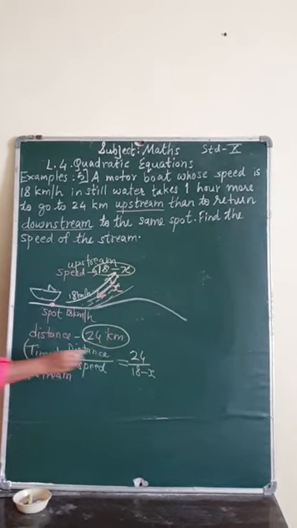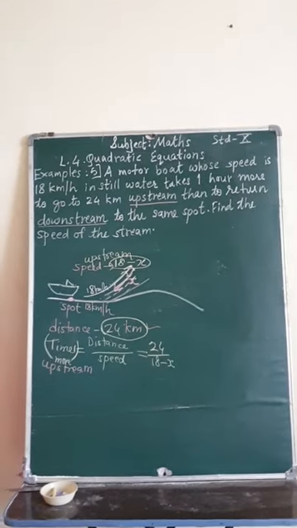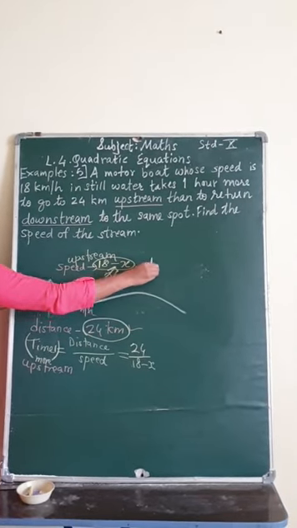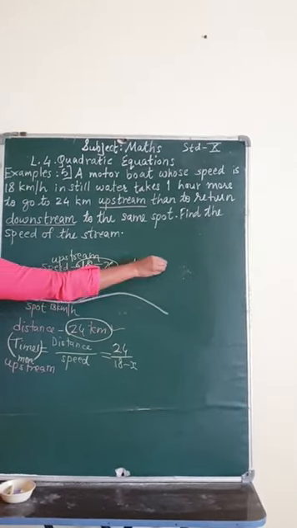As I have told you, the stream speed will also push the boat down, so when the boat comes downstream to the same spot, the speed will be 18 plus x.